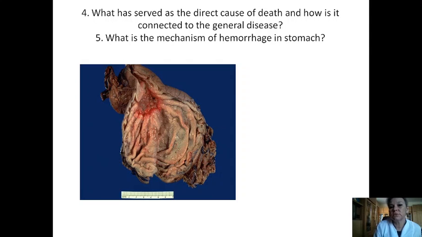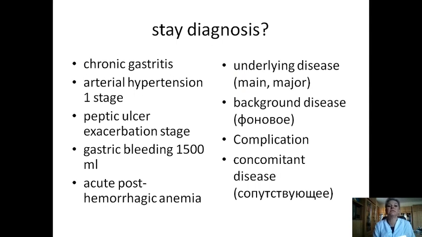What is thought to be the direct cause of death, and how is it connected to the general disease, to the underlying disease? What is the mechanism of hemorrhage in the stomach? Please think and state the correct pathological diagnosis. On the left side, you see several pathological processes and diseases.